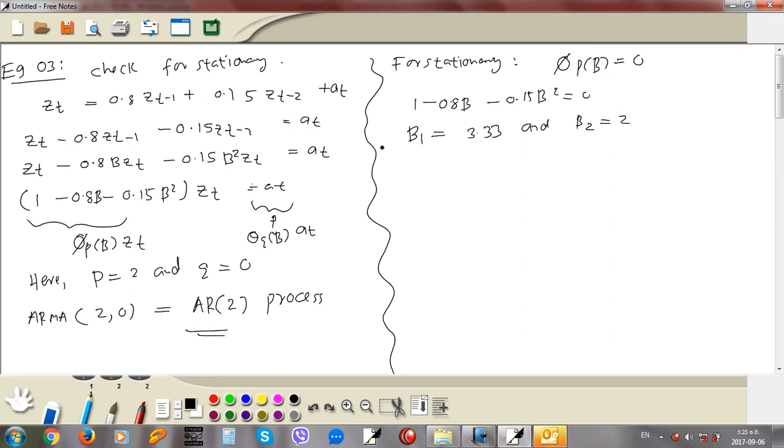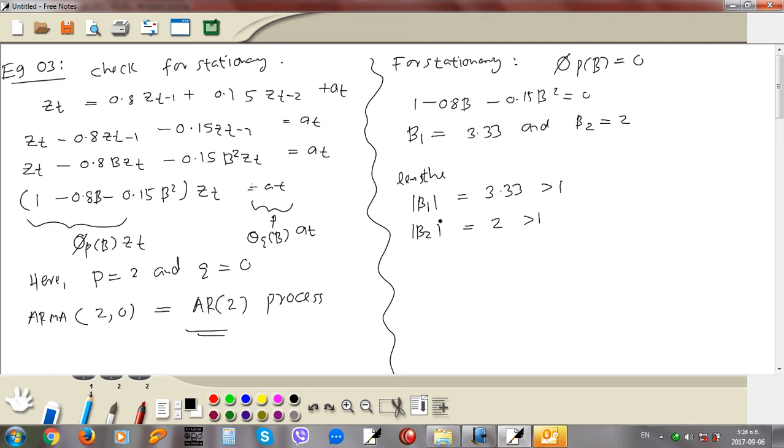So there are two answers for B. Now you have to check both of them. First the modulus of B1, that is 3.33, greater than 1, and the modulus of B2, that is 2, greater than 1.